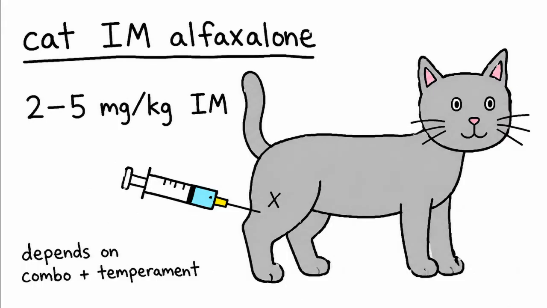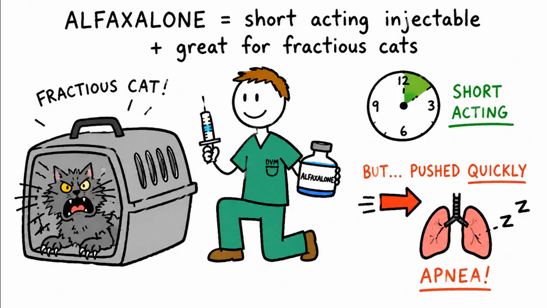In cats, intramuscular alfaxalone can be used in some sedation protocols, often around 2 to 5 mg per kilogram intramuscularly depending on the combination and temperament. It is especially useful when you want a short-acting injectable agent, or when handling a fractious cat, but like propofol, it can still cause apnea if pushed quickly.